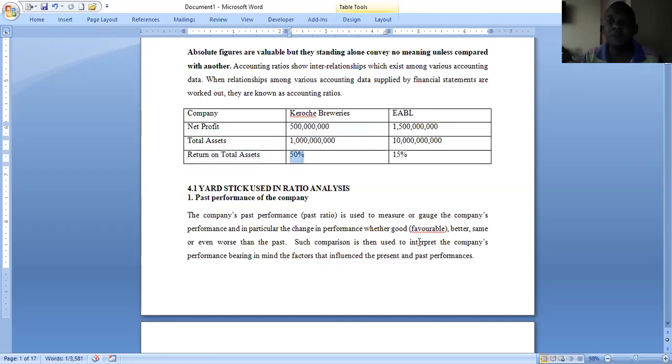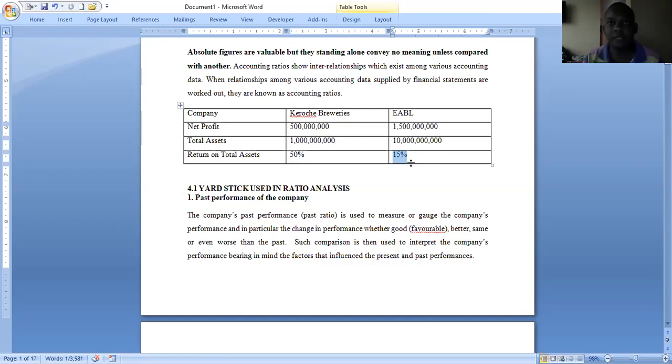Whereas East African Breweries Limited, with its net profit of 1.5 billion shillings and total assets of 10 billion shillings, will give you a return on total assets of 15%, which is way lower than the return on total assets of Keroche Breweries. When we introduce this ratio of return on total assets, you can easily tell that Keroche Breweries is more profitable than EABL, that Keroche is deriving more profit on its investment in total assets as compared to EABL.